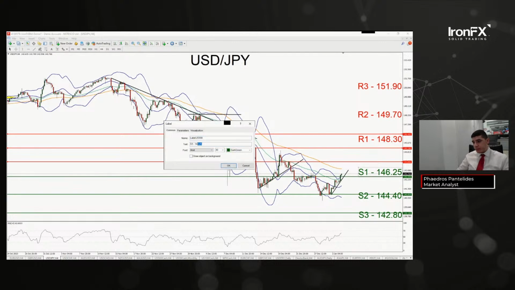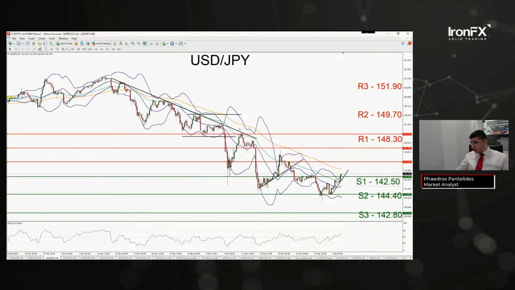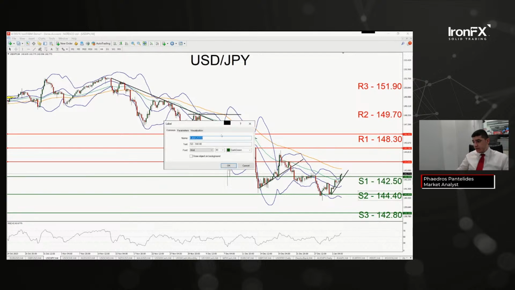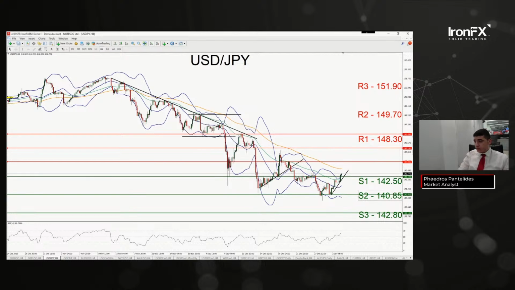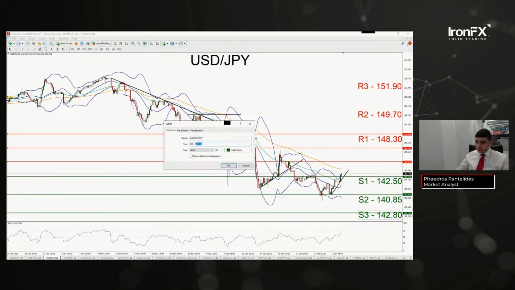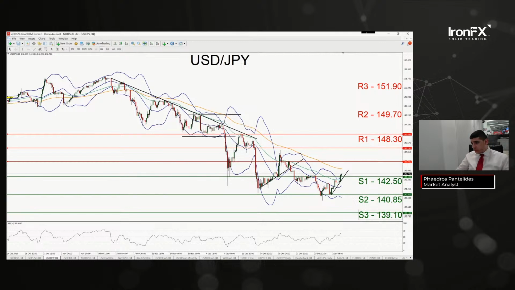So S1 could be at 142.50. Then S2, 140.85, which was validated on 2 occasions as well before moving higher. And then S3, 139.10. Now, in terms of resistance, we could take R1, 143.9.